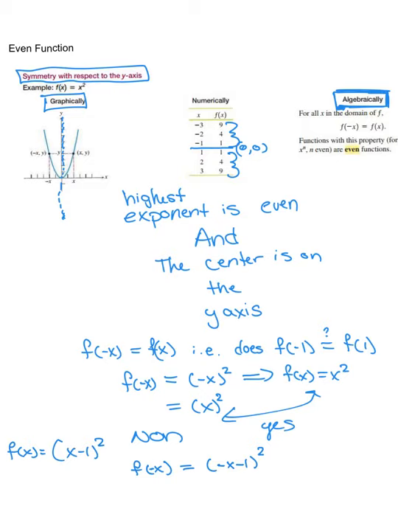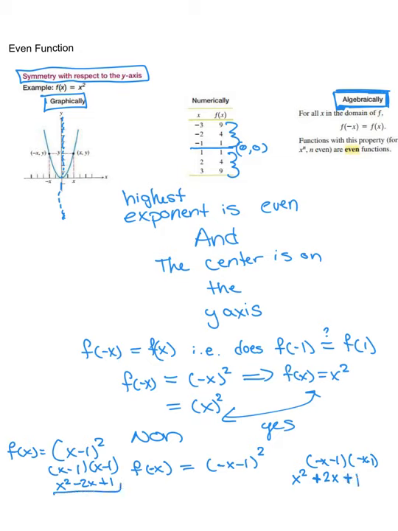So if I was to multiply out x minus 1 squared, that is x squared minus 2x plus 1. If I was to multiply out negative x minus 1 squared, that is x squared, minus, that is going to be plus 2x plus 1.